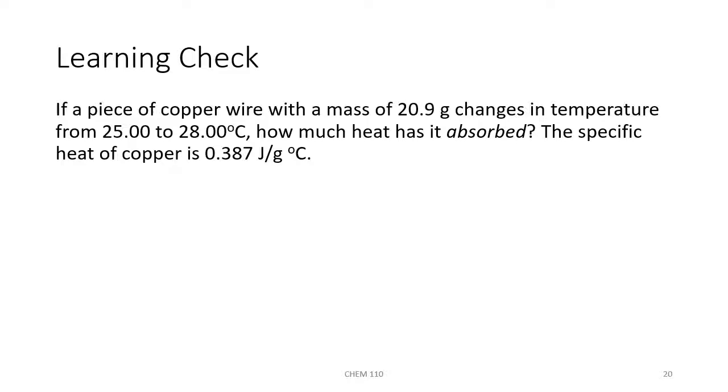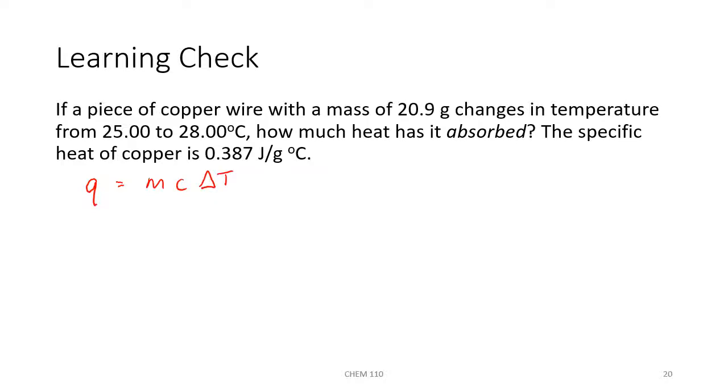Now we are going to try a few examples involving specific heat. If a piece of copper wire with a mass of 20.9 grams changes in temperature from 25 to 28 degrees Celsius, how much heat has it absorbed? The specific heat of copper is 0.387 joules per gram degree Celsius. Since we're doing a problem involving our specific heat, Q equals mc delta T is going to be the equation we want to use.